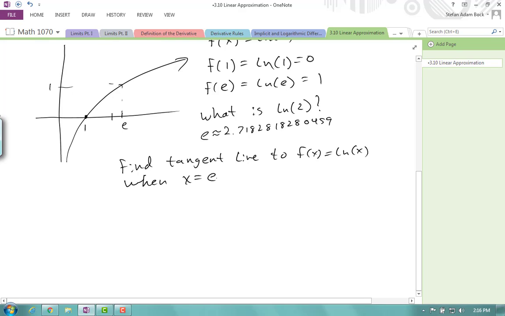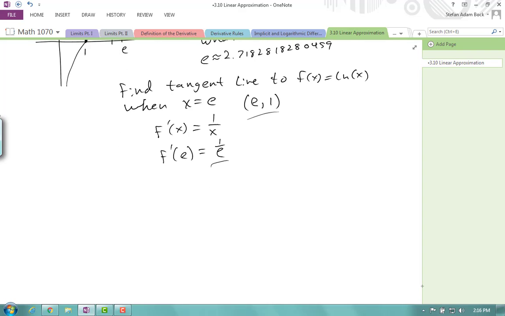So in order to do that, I need the y value associated with e, but I've already done that in my picture. So I need the point (e, 1), and I need a slope. I need f prime of x, but the derivative of natural log is 1 over x, and in particular I need f prime of e, because that's where I want to make my tangent line. So I have a point and I have a slope, so I can make a tangent line.